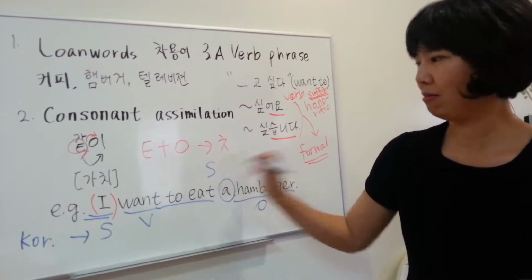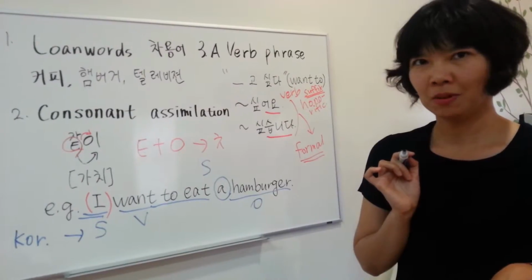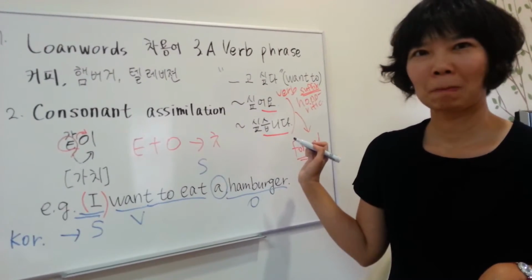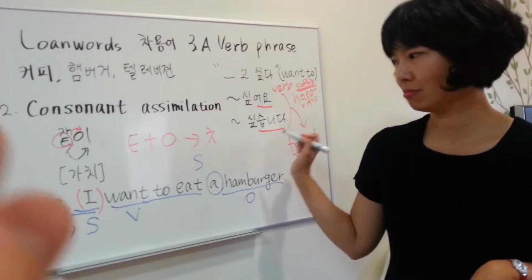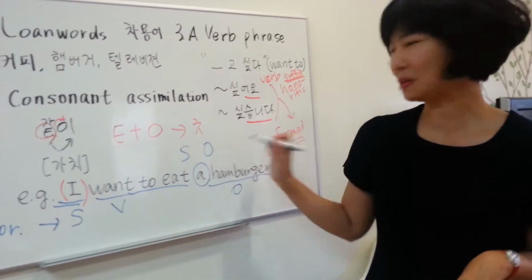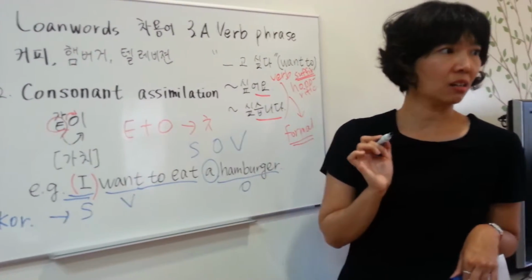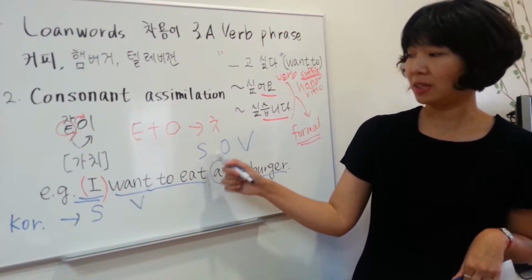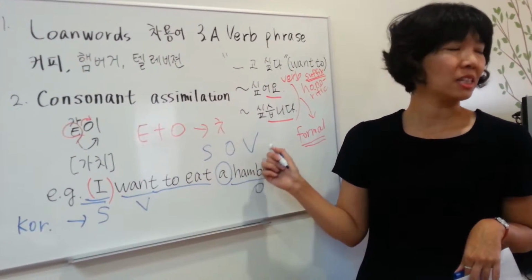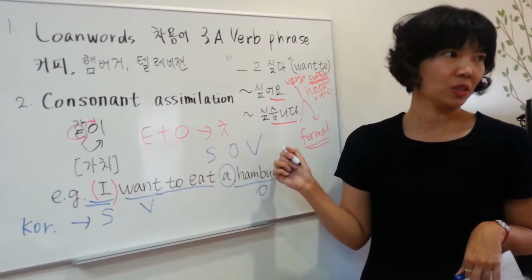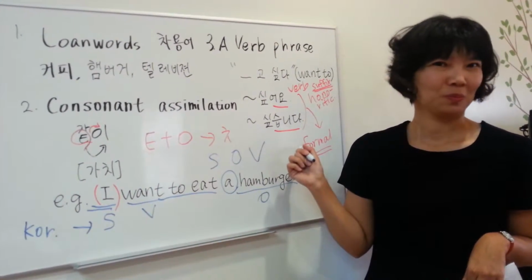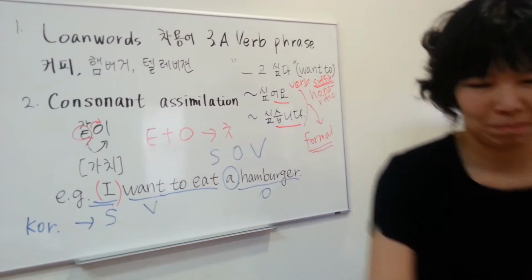Korean sentence structure is opposite from the English one. Yes, good. How opposite? Koreans tend to put the object next to the subject. Yes, good. So yes, a Korean sentence consists of subject, object, and verb. So it's called an SOV language. But English is an SVO language.